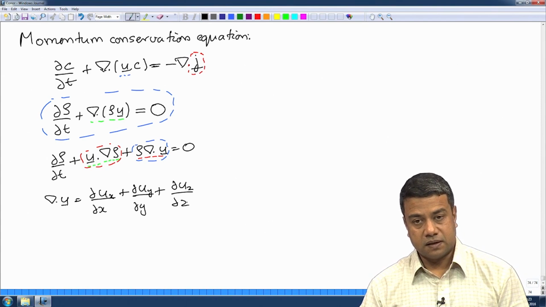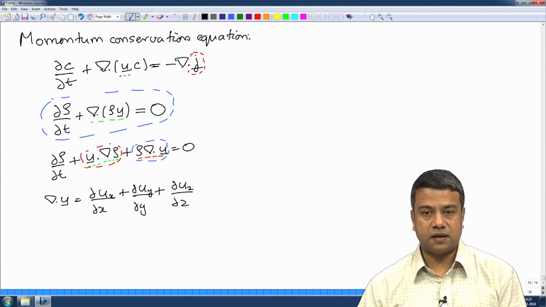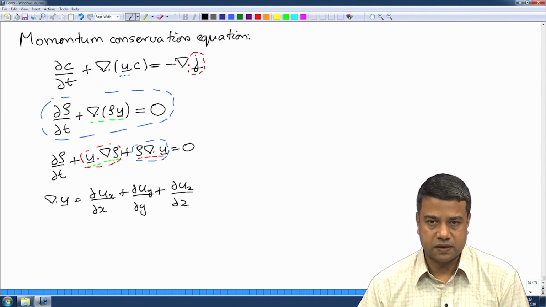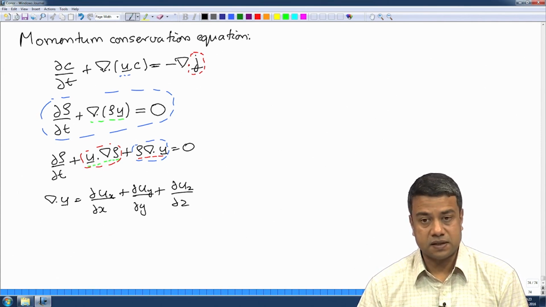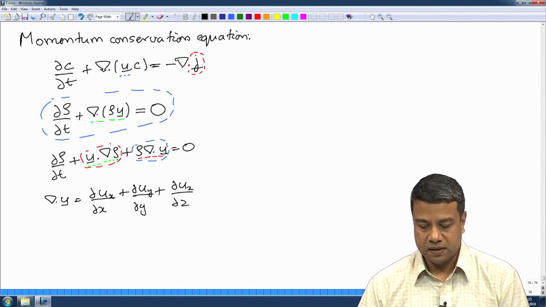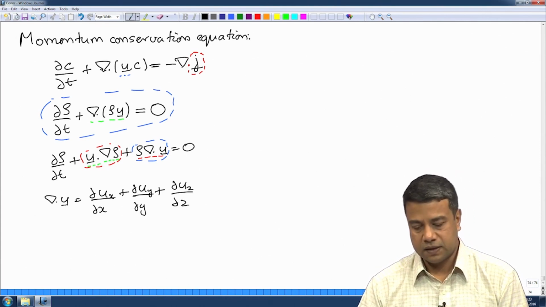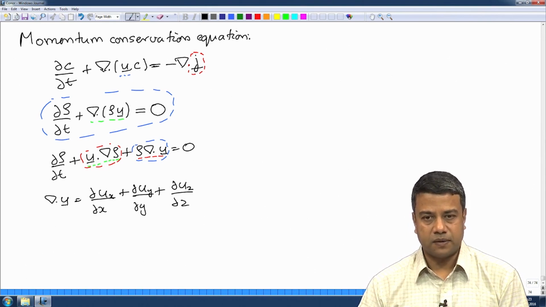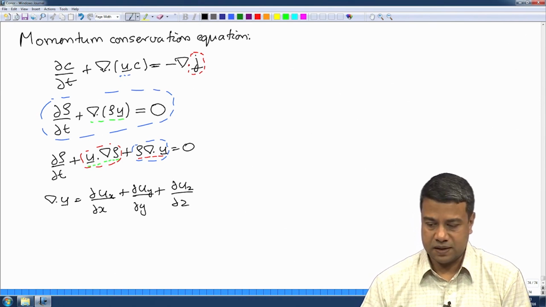Both the gradient operator and the velocity are vectors, and you are taking the dot product of those two vectors. So, that gives you a divergence which is a scalar. So, there is a distinction between these two operators. The first is a gradient, the gradient of the density gives you a vector, and you are then dotting it with a vector velocity to get a scalar. On the other hand, in the last term, the divergence of the velocity, a dot product of the gradient operator and the velocity vector, gives you a scalar.